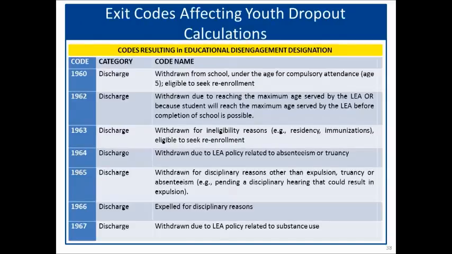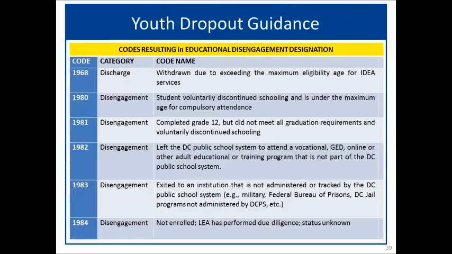So these are the codes, and this is a longer list than the previous list that we've shown you, but these are all the scenarios in which we would count that student as dropped out or disengaged. It's all of the discharge codes, and you'll see these represented in OSSE's entry and exit guidance. And then the disengagement codes.